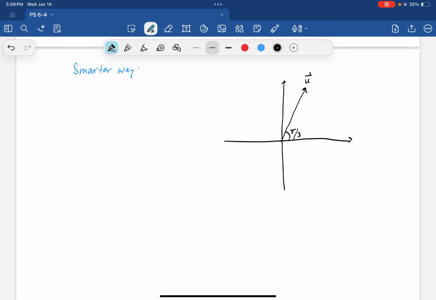However, where's v, right? V is simply right here. And this angle here is 3 pi over 4 based on the components cosine 3 pi over 4 comma sine 3 pi over 4. And so what does that tell us about the angle in between?